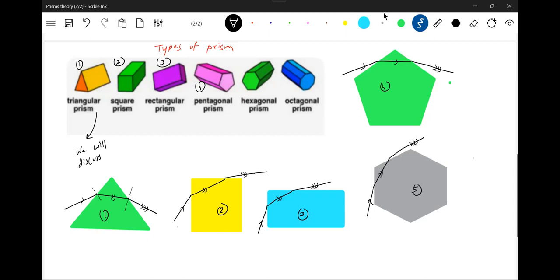I can't draw that octagonal prism, so let me just show that one. Sometimes we discuss problems of this kind. Maybe sometimes we do encounter them, so no need to bother. What we discuss for the triangular prism, those same ideas will be applicable for all these remaining types of prism. That's why our syllabus gives more priority to the triangular prism only.